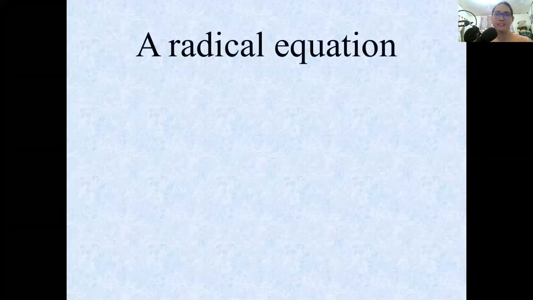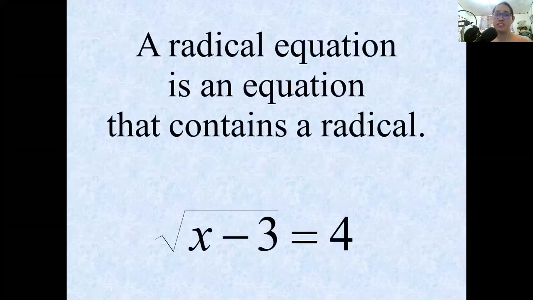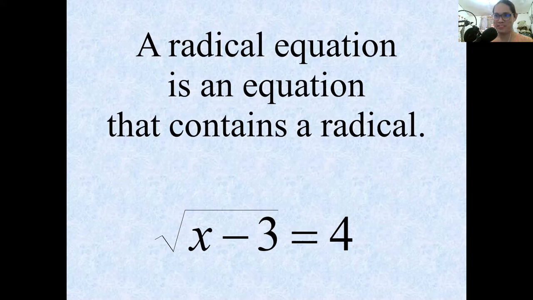To define, a radical equation is an equation that contains a radical, an equation that has a radical sign or symbol. Example: square root of x minus 3 is equal to 4. That is an example of a radical equation.